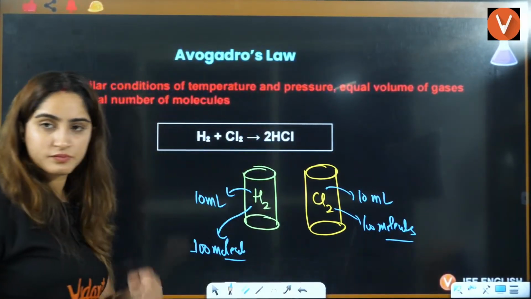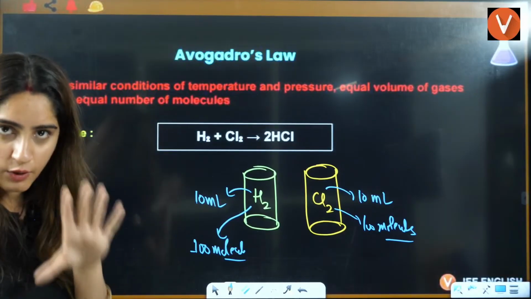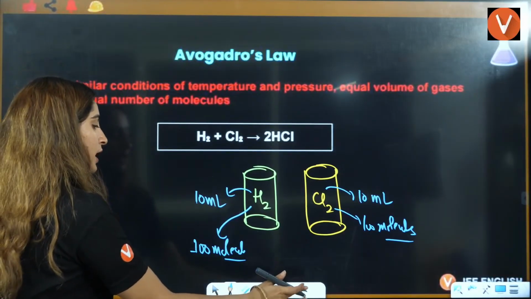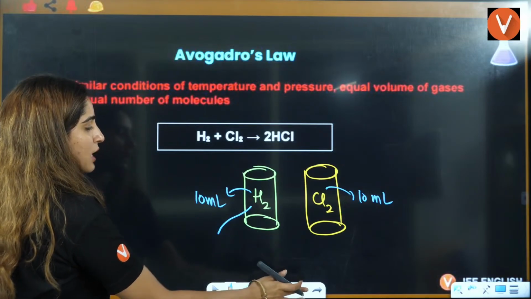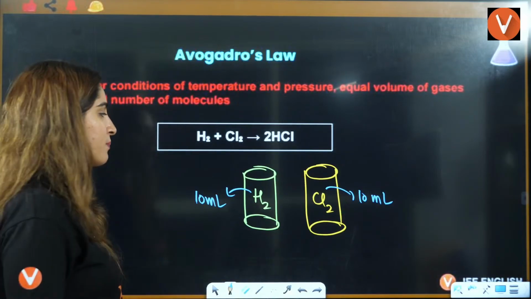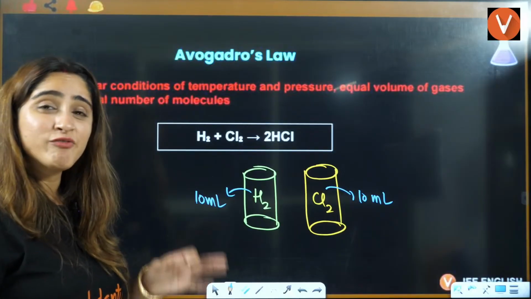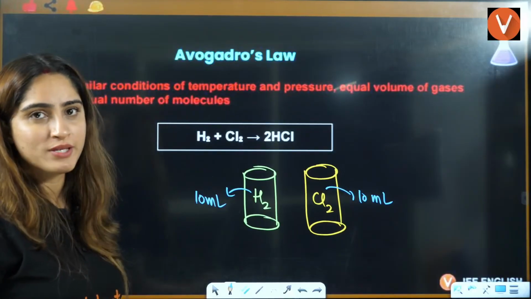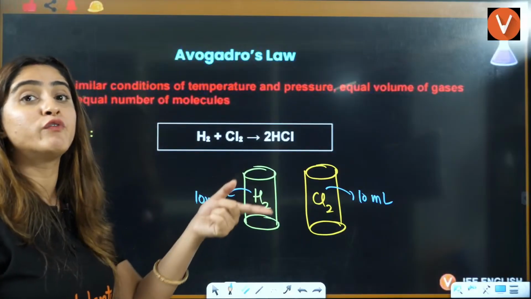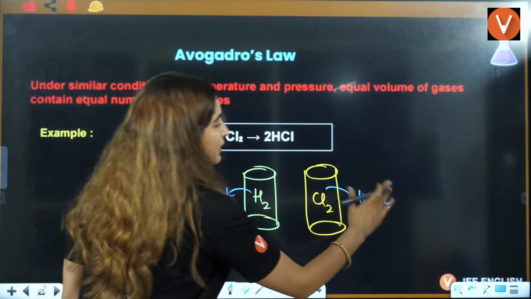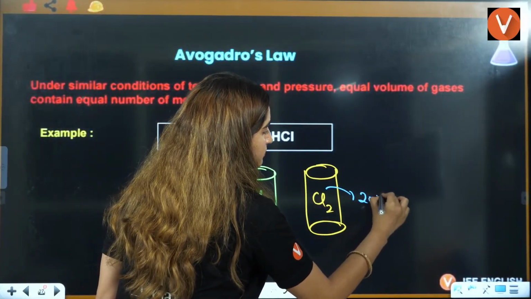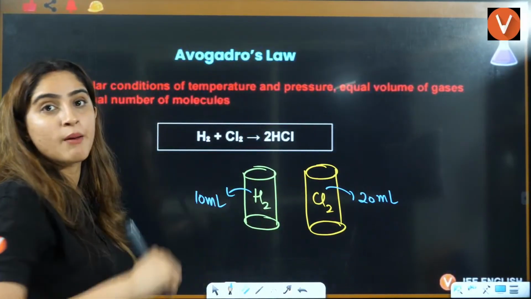Okay, everybody? Now, I'm not getting into moles because I have not taught you the mole concept yet. So that's why I'm just talking about molecules. But understand one thing, if molecules are same, moles will also be same. How they will be same, that we will talk about in mole concept. If I say that this is 10 milliliter, this is 20 milliliter, volume is doubled.